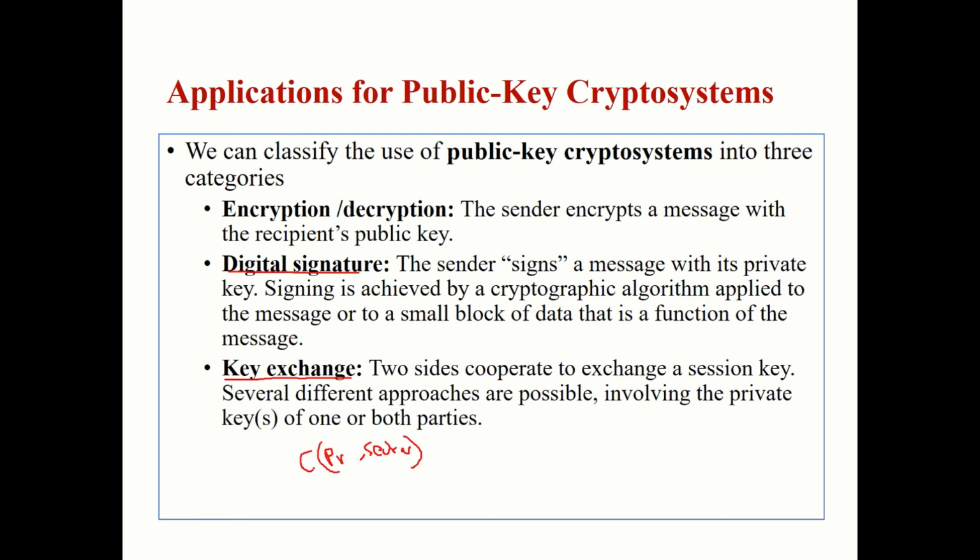I send it to you from A to B, okay? And what B does is the decryption using the public key for the message you sent, and he will get the secret key, and then he can use it. This is a way that you can exchange the key between yourselves.